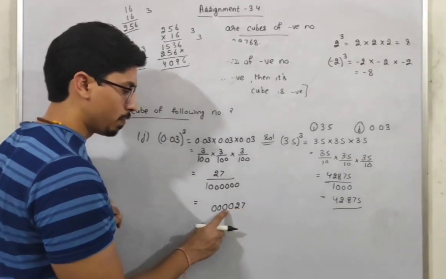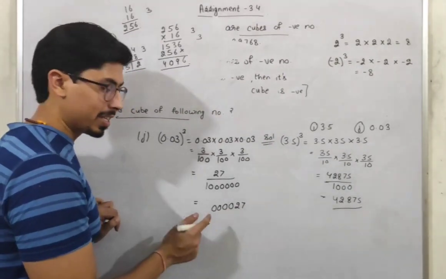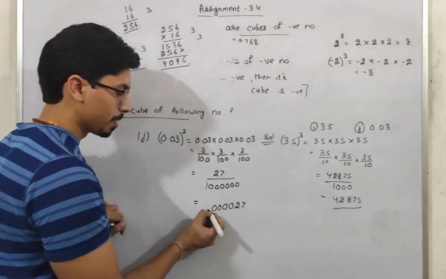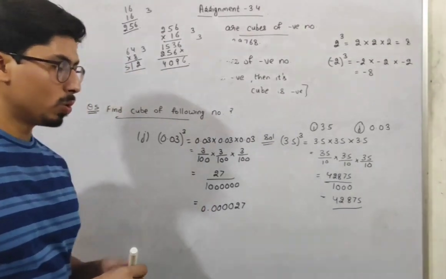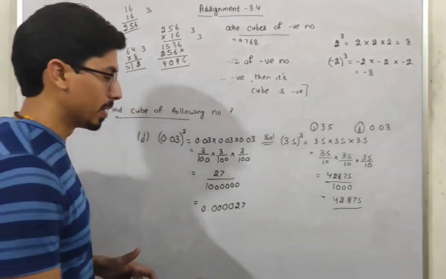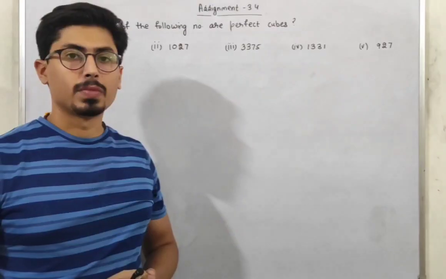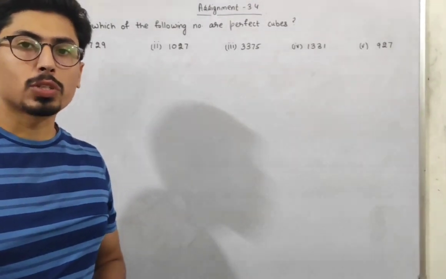So 6 digits are there. So just place the decimal and it will be 0.000027.